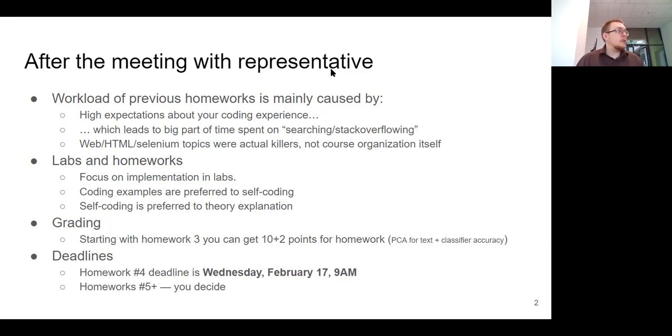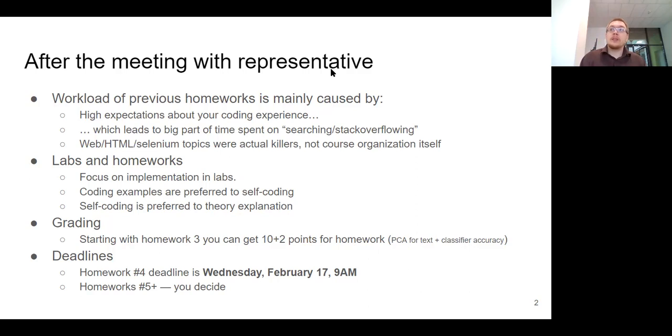I don't know whether you were all here in this cohort, but there was an idea that you want to focus on implementation in labs. That means that you would prefer it if we show you some examples of doing things which will be required in the homework in the lab. So if it's possible to show you how to solve a smaller version of the problem, you will appreciate this.